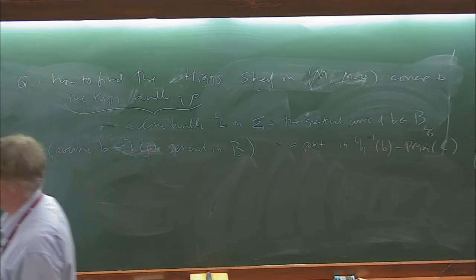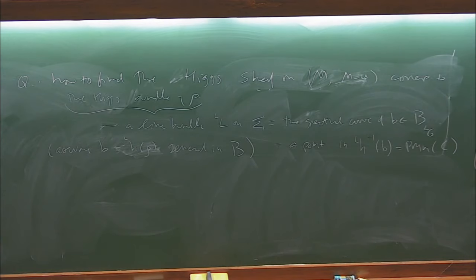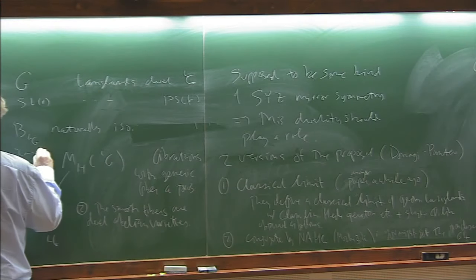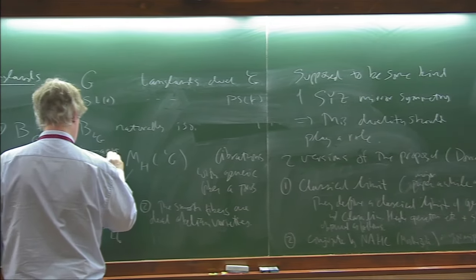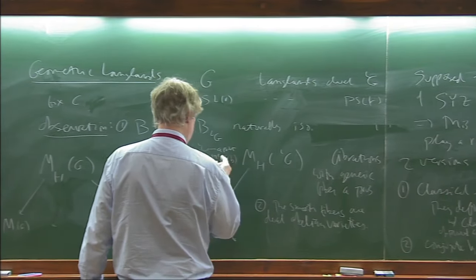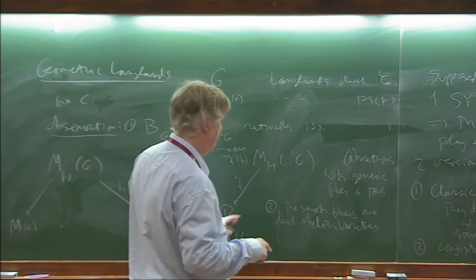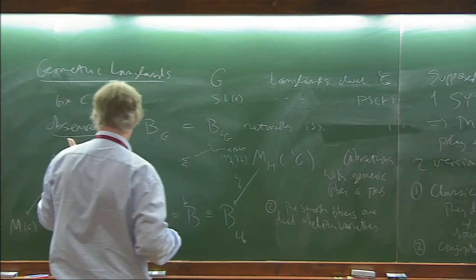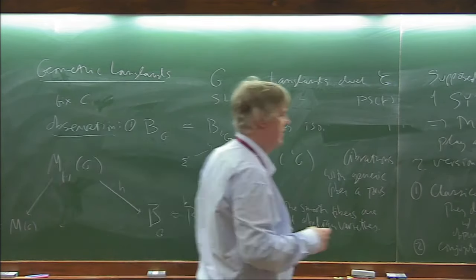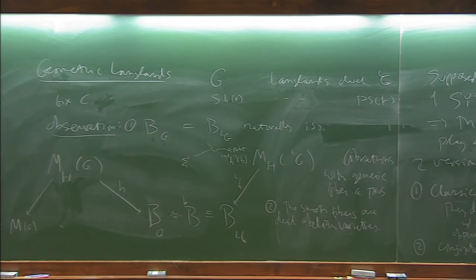So a Higgs bundle on this side has a spectral curve, and the Higgs bundle is going to correspond to a line bundle here, which corresponds to a point in this variety. And what does this say? This says that the fiber of the Hitchin map here is the dual abelian variety of this one.